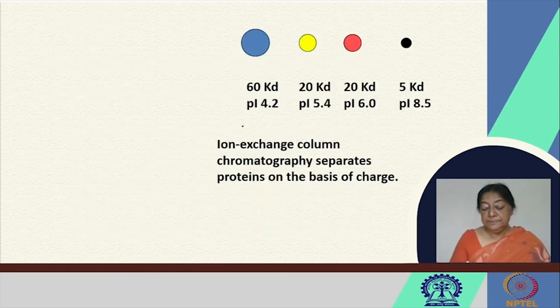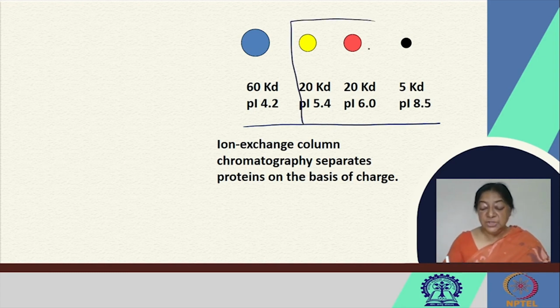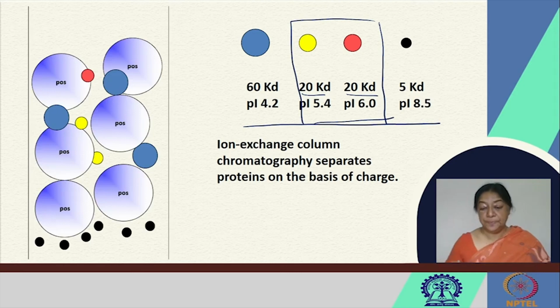For example, if we have these different proteins, we could do a gel filtration chromatography, but as we can see here, these two proteins would elute together because their molecular weights are the same. However, we can isolate them based on charge.